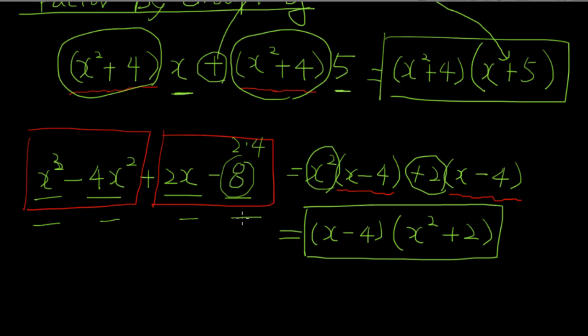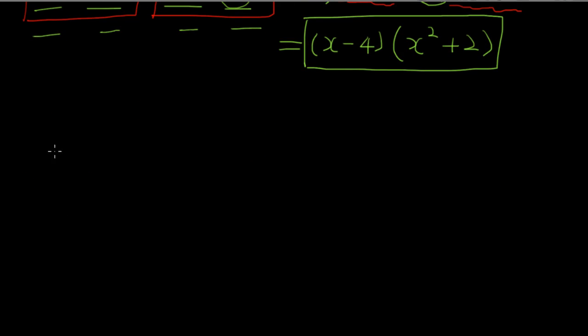If you have four terms, highly likely that you are going to use factor by grouping, especially when you do not have a common factor between all four, right? So let's do one more example.